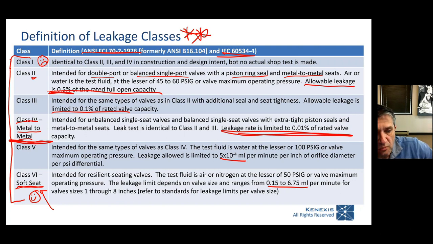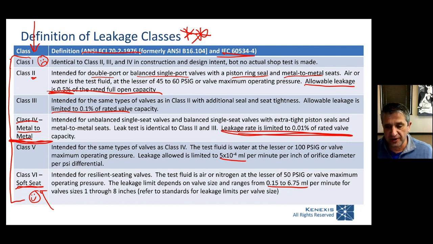Now, okay, this is great. So what you're telling me, and I am telling you this, is that for a shutoff valve, you can specify its leakage class, and that's going to meet my SRS requirement.